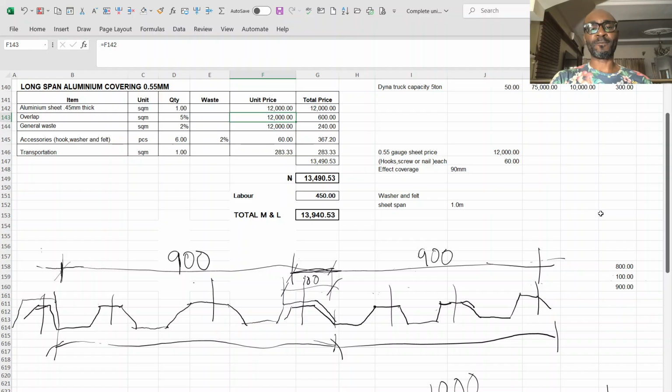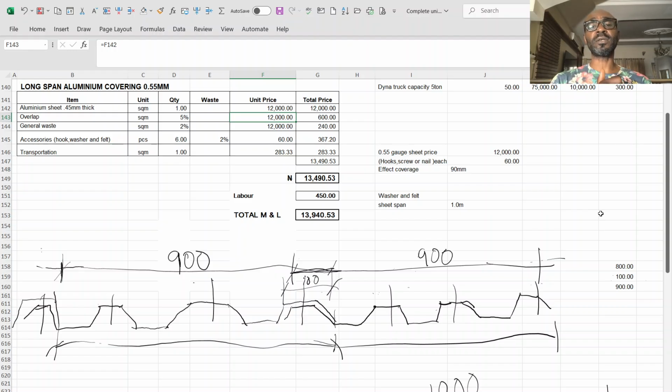Having said that, there are four things to consider when you're building up unit rate for a long span roof covering. The first is the transport. Second is the cost of the roofing sheet itself.